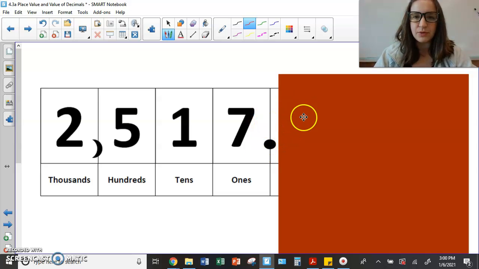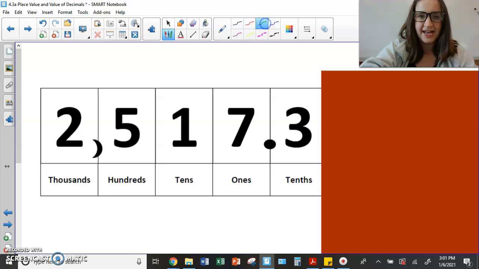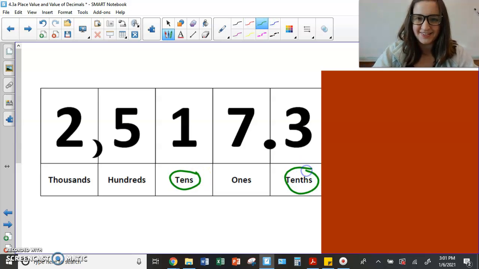As we move one place to the right, we get to the tenths place, okay? You're going to notice that this says tens and this says tenths. I've taken the word 10 and added a THS to it. So this is 1/10, right? This is 1/10 of the size of 1.